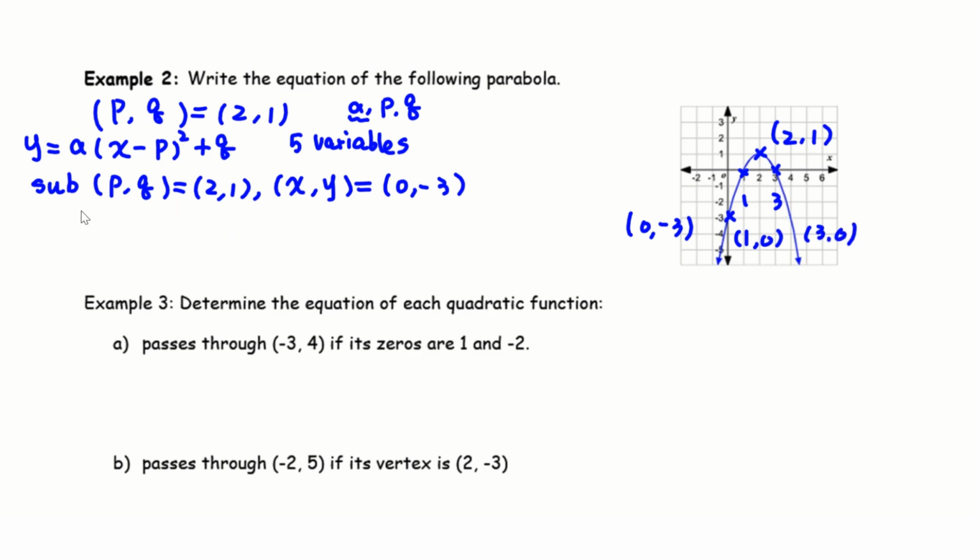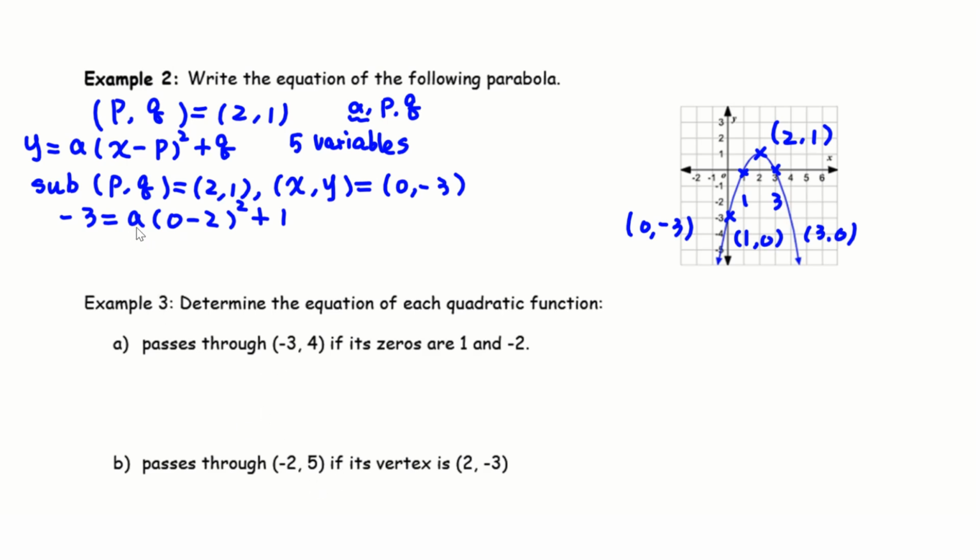You will have the same a value. So subbing, we have y equals -3 equals a(0 minus 2) squared plus 1, q is 1. Then in this equation, you will see you have only the a value unknown.